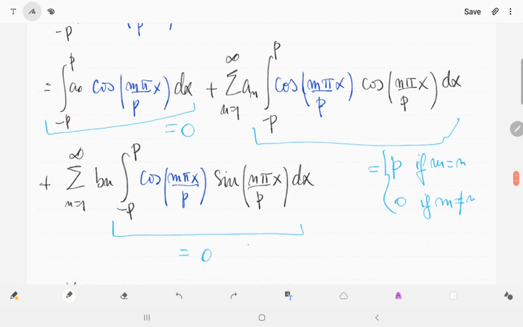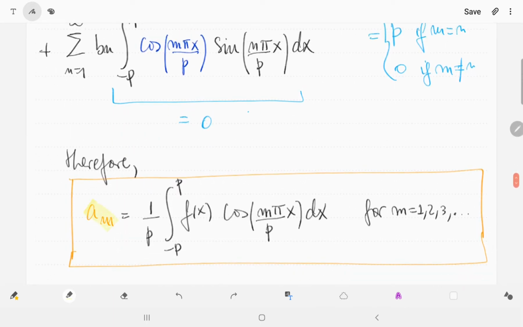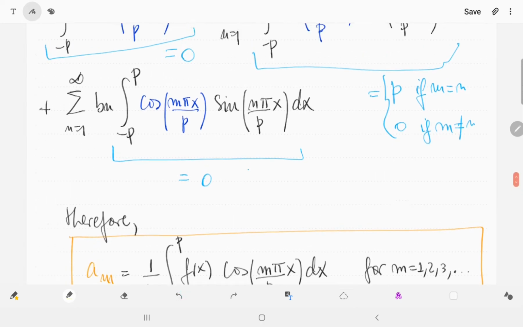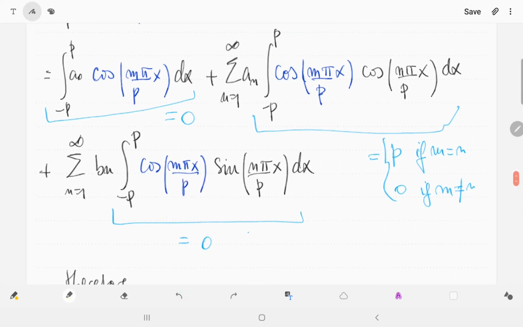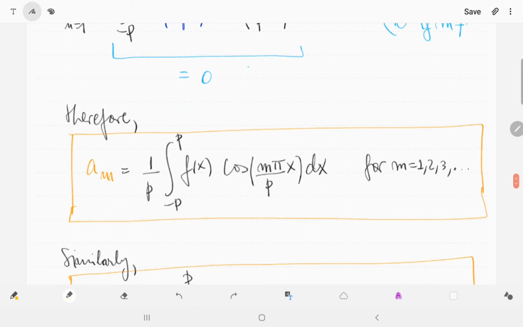So what we get here is the expression for am, or an, no matter, let's say am. When m is equal to n, we get this p, and the only term that survives in the series is the m-th one, and that's why we have this identity here.